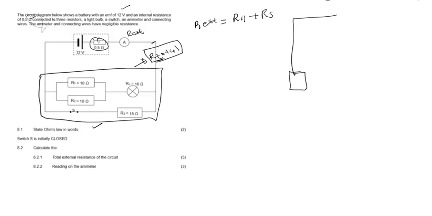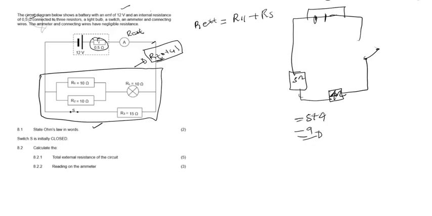But if we're dealing with a case, maybe say this is a battery, where you only have series resistors, then to calculate R external you just combine 5 plus 4, and you get 9. This is your total resistance, or R external. You can call it whatever you want.